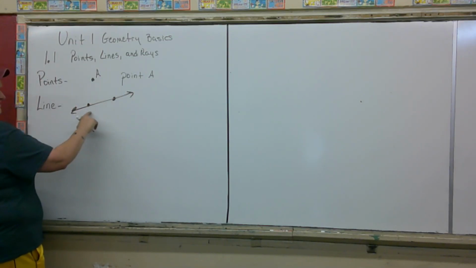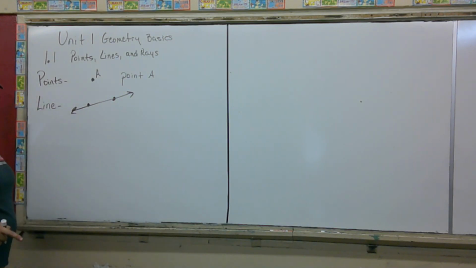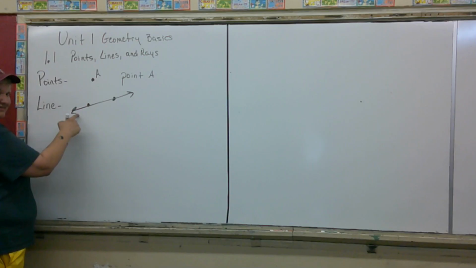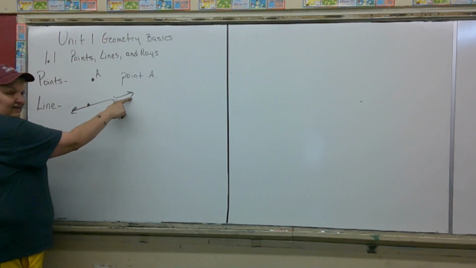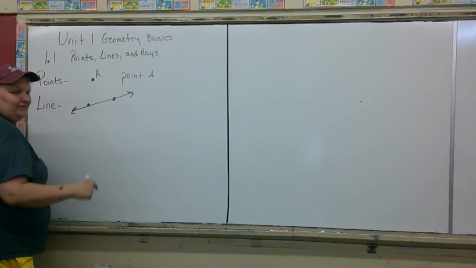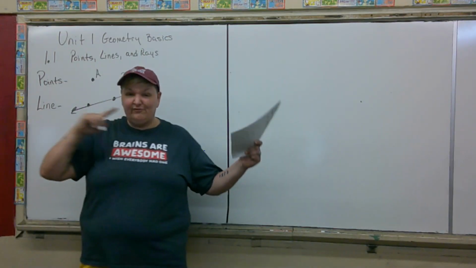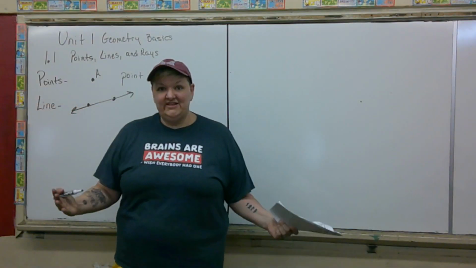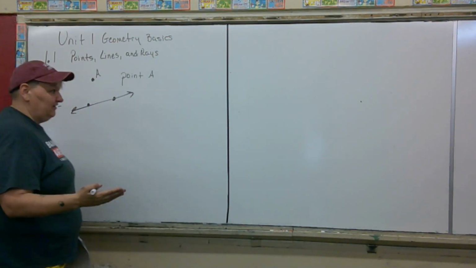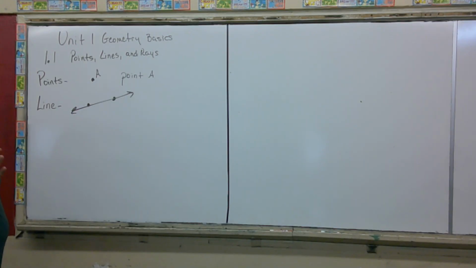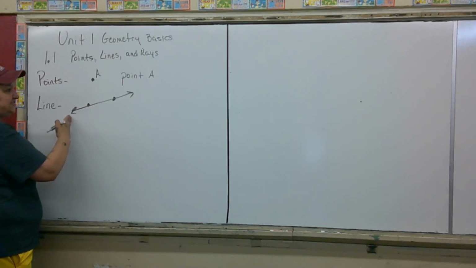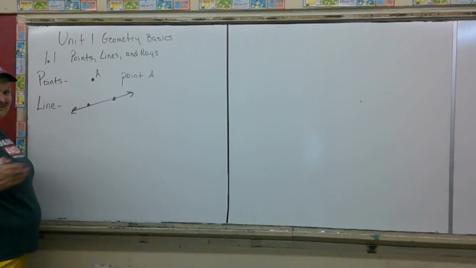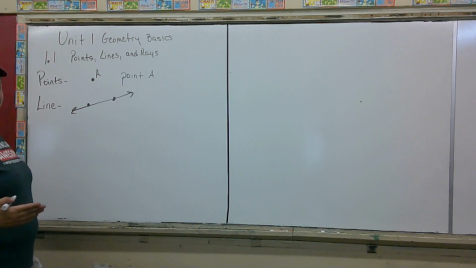A line extends past the 2 points and ends in the arrows, because a line extends forever in both directions, to infinity. It needs the arrows to tell me that. Remember, we're being precise. Use precision. If this is a line that extends forever, you need to tell me with arrows that it extends forever.